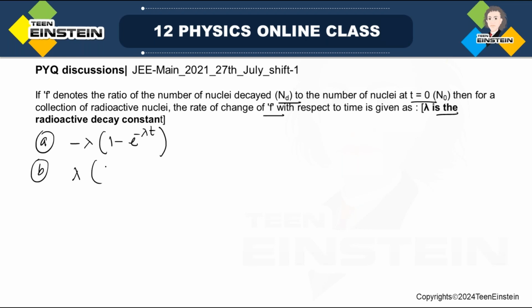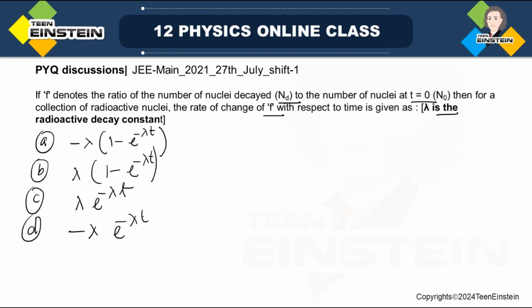Option B is lambda into (1 minus lambda t). Option C says it is lambda into e to the power minus lambda t, then option D is minus lambda e to the power minus lambda t.